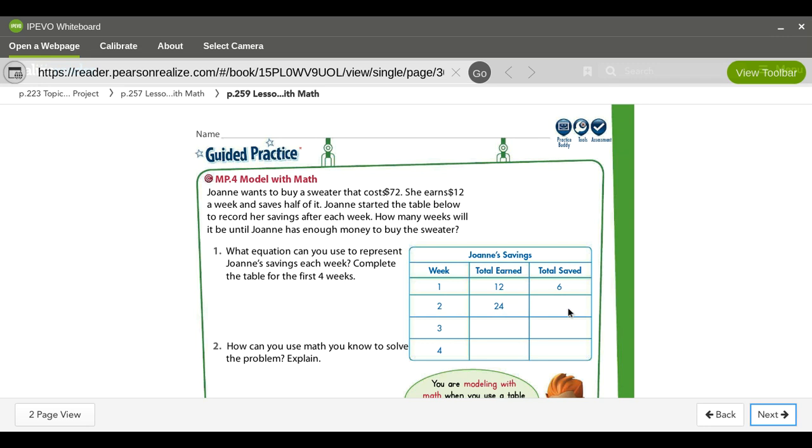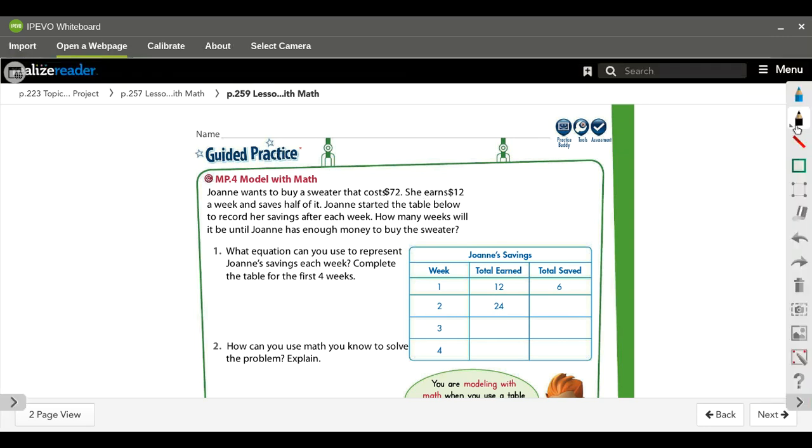So we've got to look and see what the pattern is going to be. Right here, she earns $12 and saves half of it. That's important information. So she saves half of the money that she earns. So if she earned $24, for every $12 she earns she is going to put $6 in.